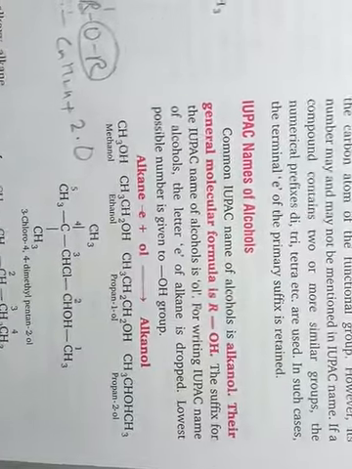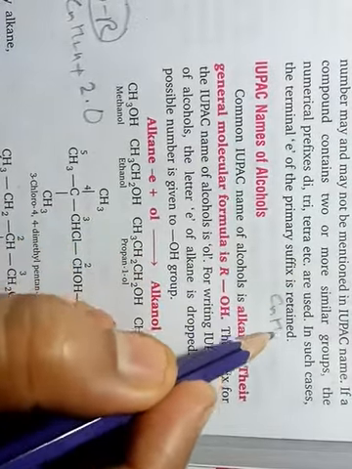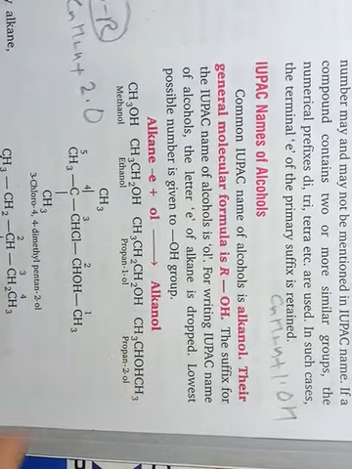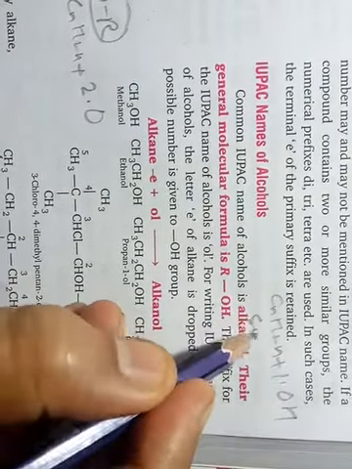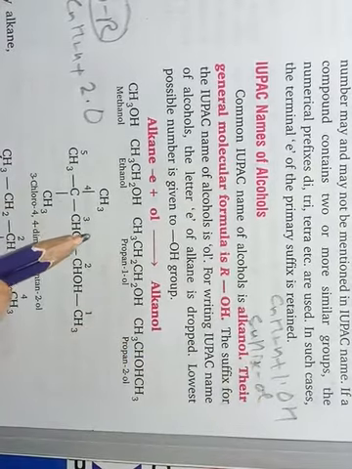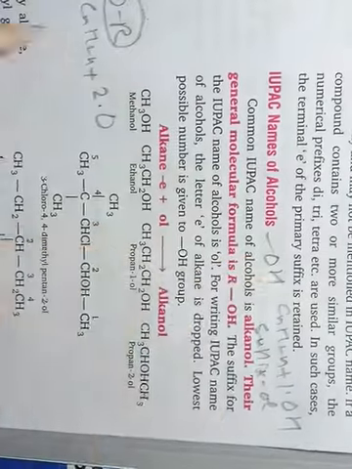Then alcohols. Alcohols with general formula CnH2n+1OH and suffix is -ol. Alcohol functional group is OH.